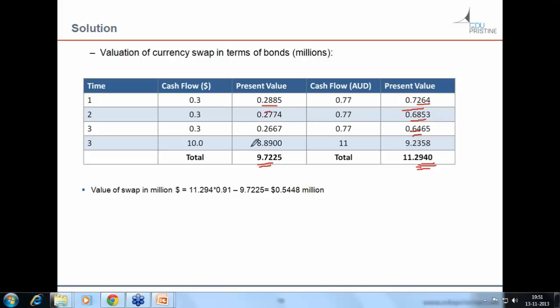Now the value of the swap for company ABC in this case will be 9.725 million minus 0.91 into 11.294, which gives you an answer of minus 0.5488.